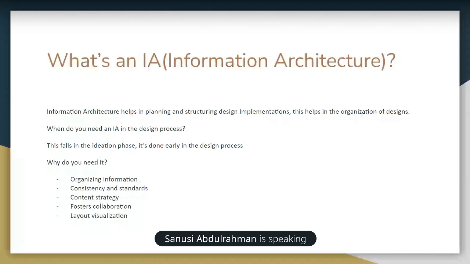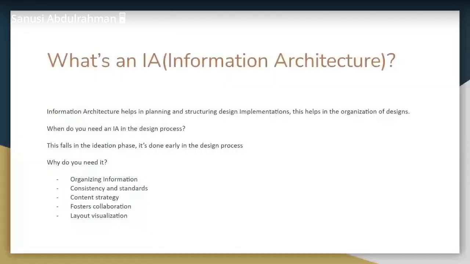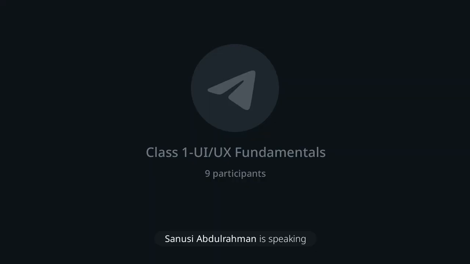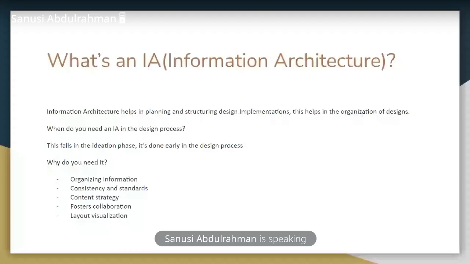So how can this information architecture help the product? It helps by making you get more users, retain customers, customer acquisitions, reduce cost for the product. So I hope you all understand what information architecture is.